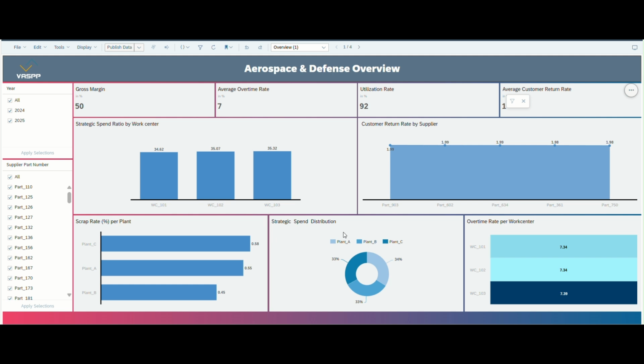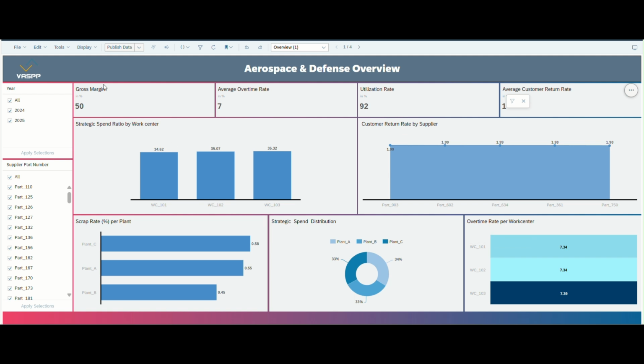Finally, the overtime rate per work center gives us granular insight into workforce balance. WC101 at 7.34, WC102 at 7.34, and WC103 at 7.39 show only slight variation, but enough to highlight potential workload imbalances or scheduling hotspots.